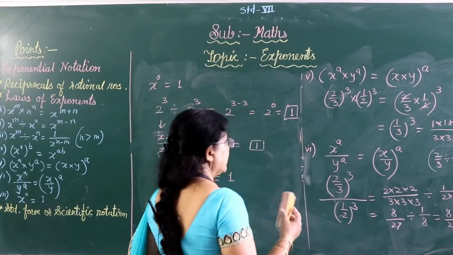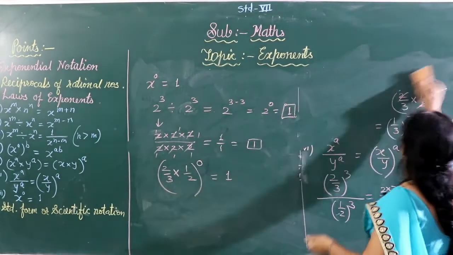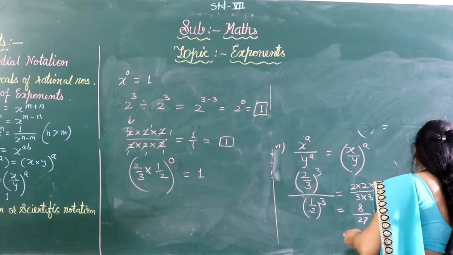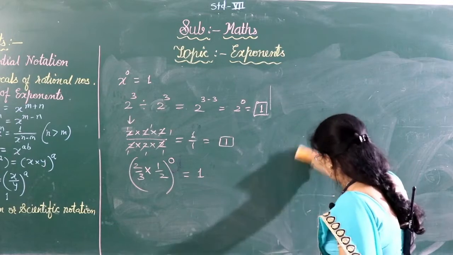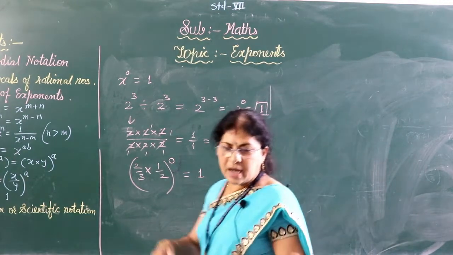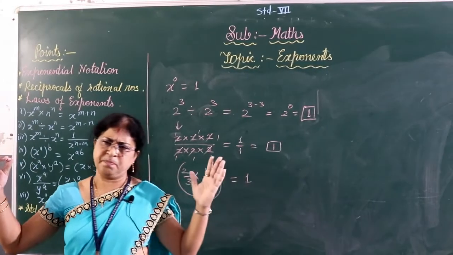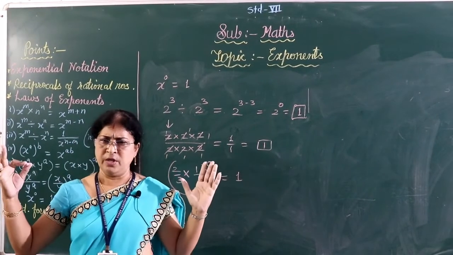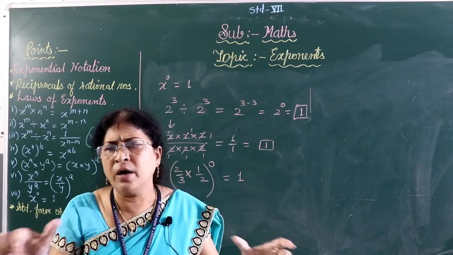Now we will see the next topic. In science you must have learned that the distance between any star and the earth is very big. The distance is too long, so it is very difficult to keep such a long number in mind.